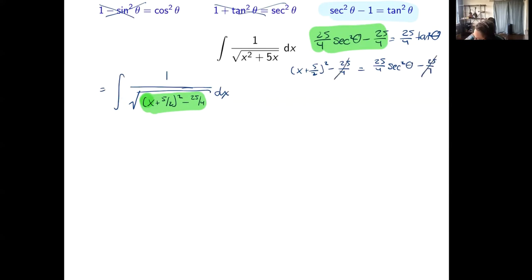Take the square root, and x plus 5/2 should be, might as well be the positive one, 5/2 secant theta. So x should be 5/2 secant theta minus 5/2. And by writing it in this form, I can take the derivative as well. dx is going to be 5/2 times the derivative of secant, which is secant theta tangent theta, and then d theta.